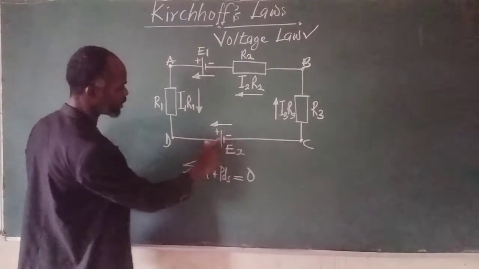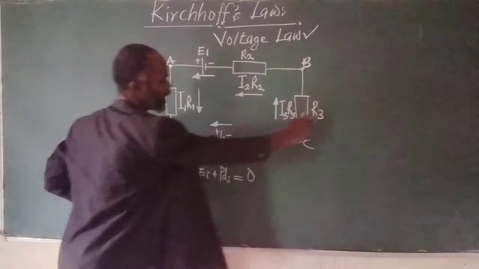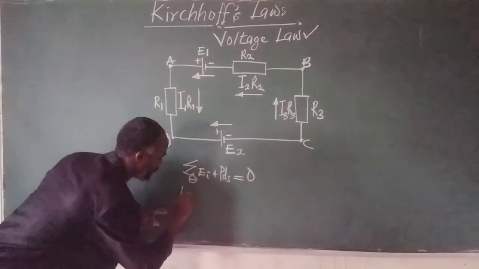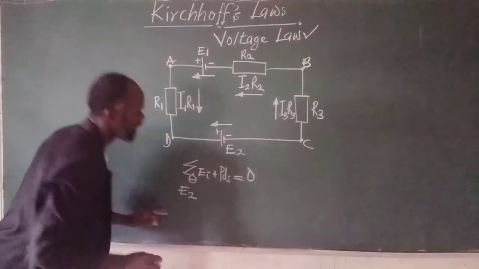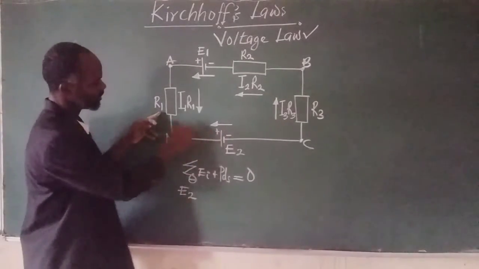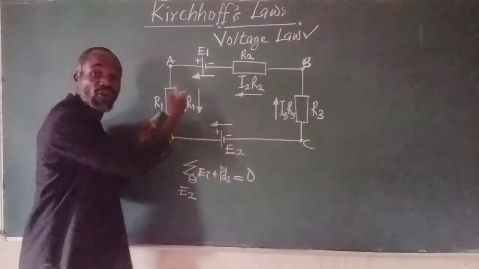If we take a clockwise direction from E2, look at it, this is our direction. If we take this direction, it means that this is positive. E2 is positive. This is negative because the direction here is opposing our direction, which is clockwise.